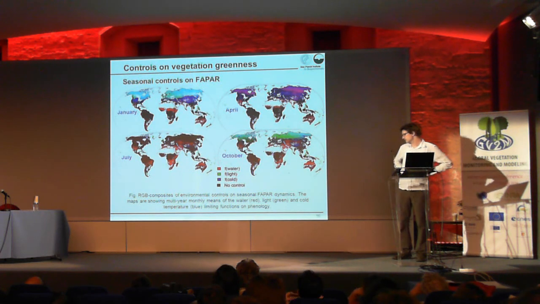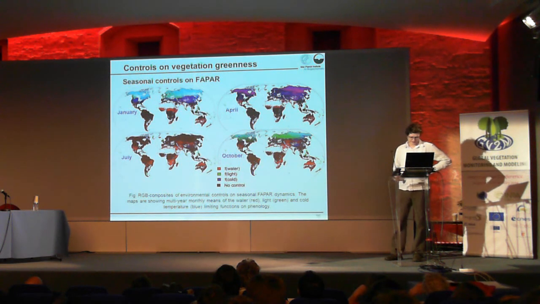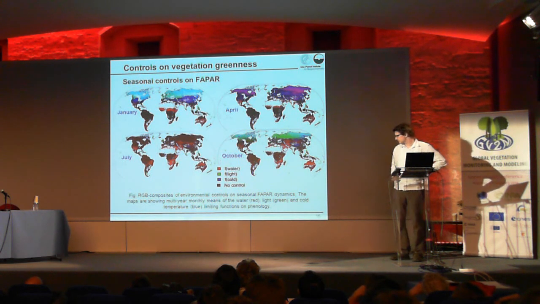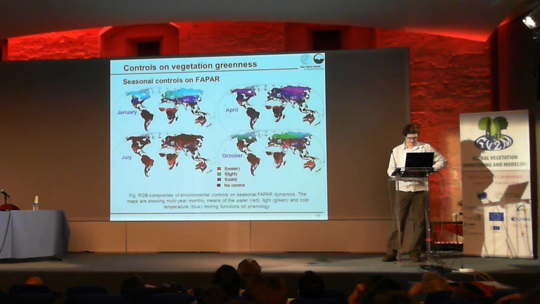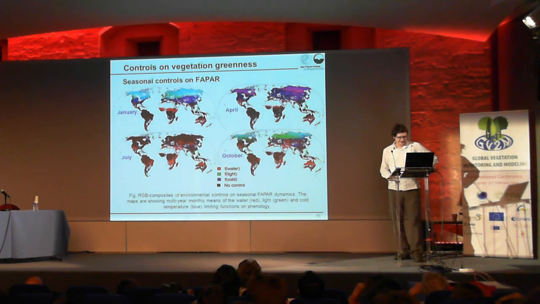So this is the composite. In the red channel, we have water stress or water limitation. In the green channel, light limitation, and in the blue channel, limitation through cold temperature.